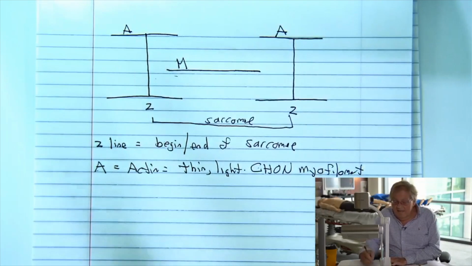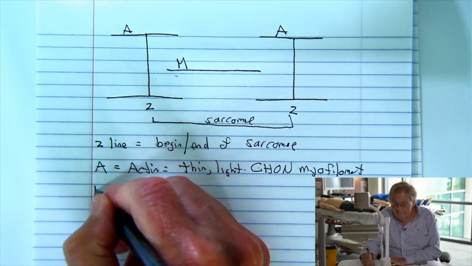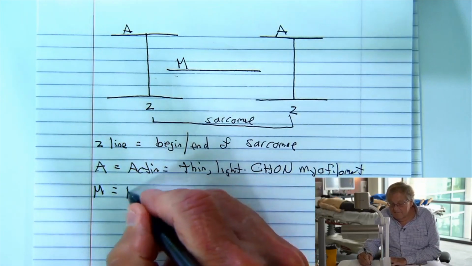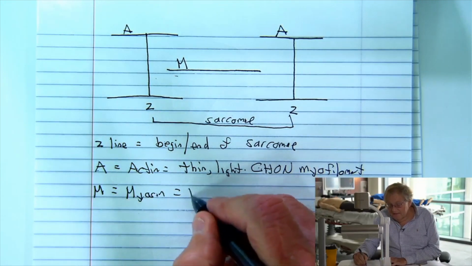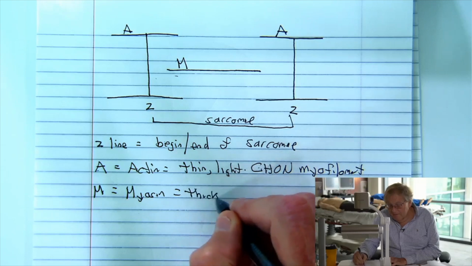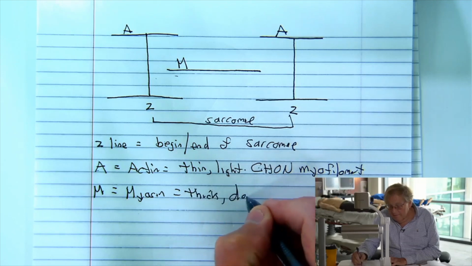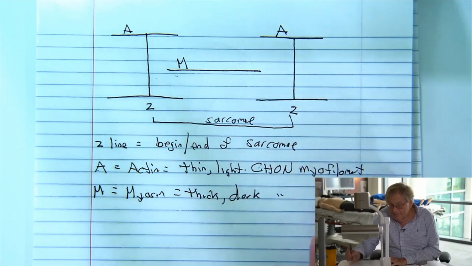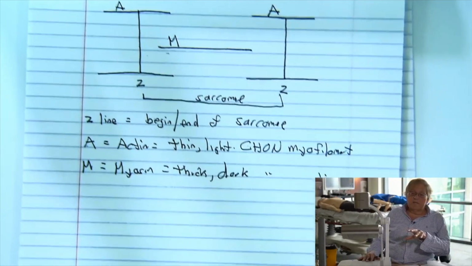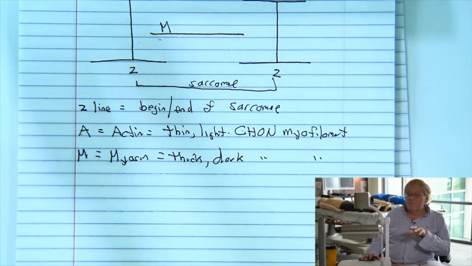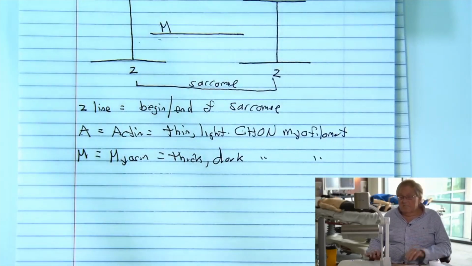And then I've got my M, and remember M is going to be myosin, and myosin is going to be a thick, dark protein myofilament. So the same thing, the way it rotates plane polarized light, myosin is going to have that dark appearance.